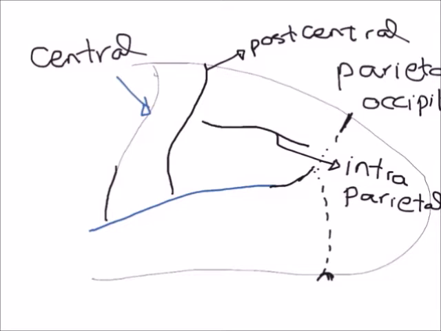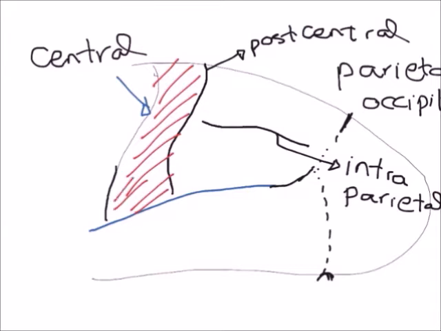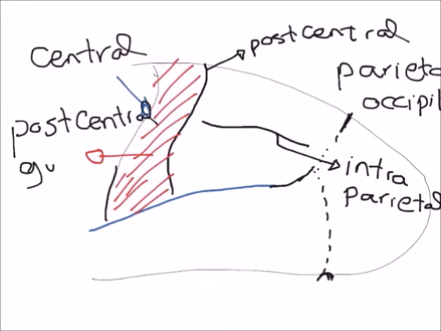Now we will see the gyri of the parietal loop. As you can see, there are only 3 of them. Here we have a very important gyrus, which is the post-central gyrus.